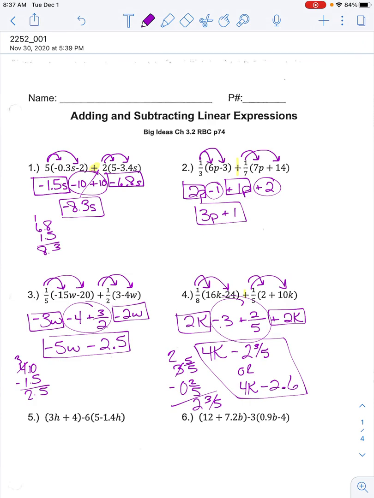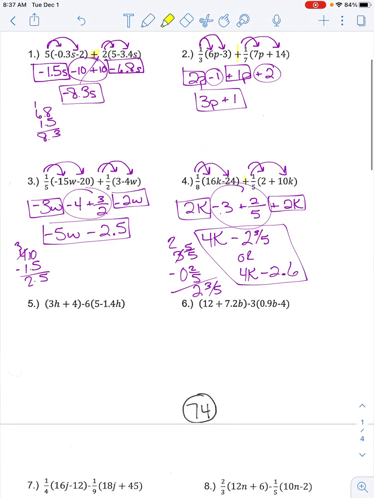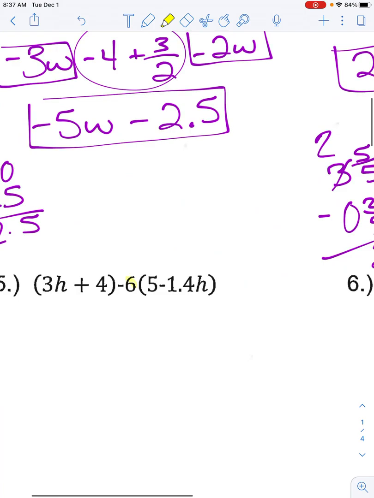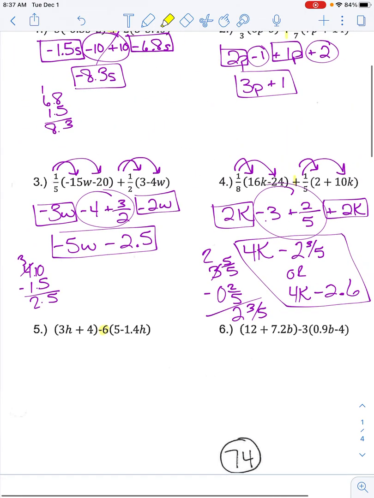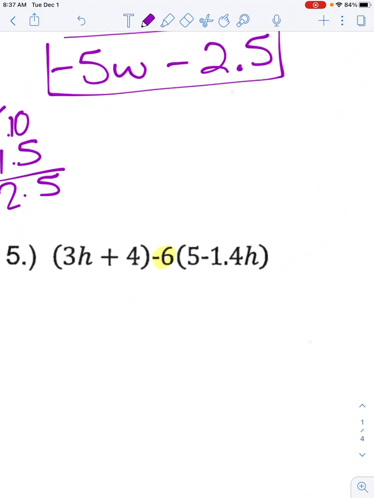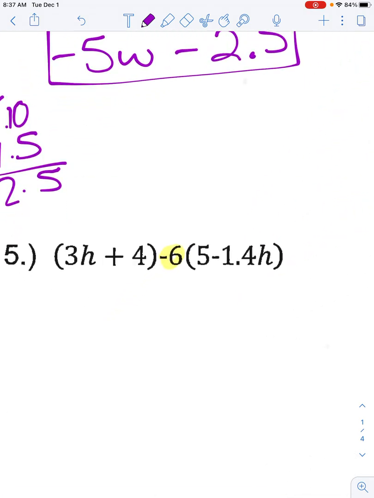Let's look at number 5 and 6. Now we have a subtraction sign in the middle of these two problems, which means you're distributing a negative. So watch your signs. On the left-hand side, we don't have any number on the outside of the parentheses to distribute, so we can just bring down 3h plus 4. On the right-hand side, we do.